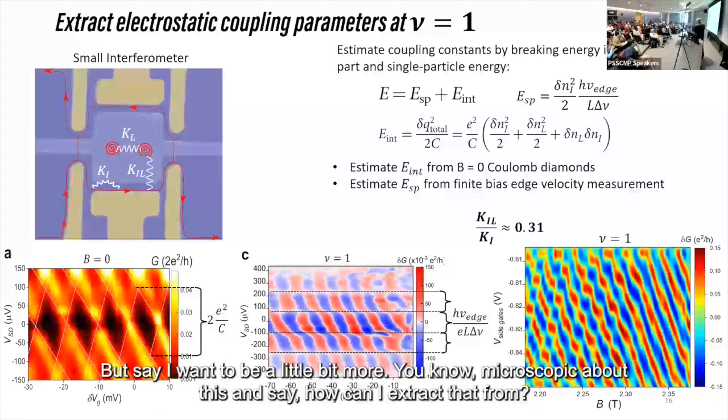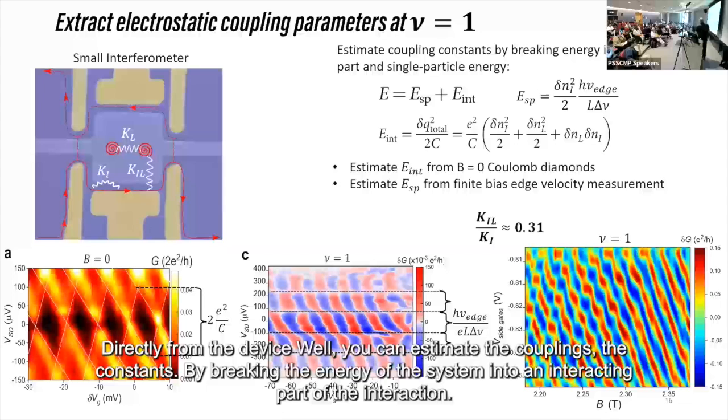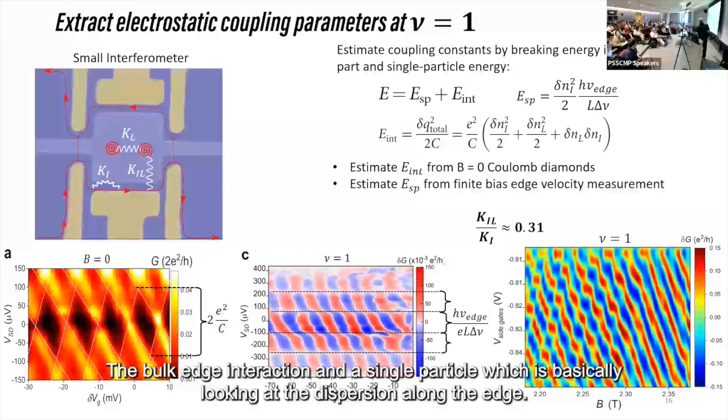Let's say I want to be a little bit more microscopic about this and say, how can I extract that directly from the device? Well, you can estimate the couplings, the constants, by breaking the energy of the system into an interacting part, the bulk edge interaction, and a single particle part, which is basically looking at the dispersion along the edge.